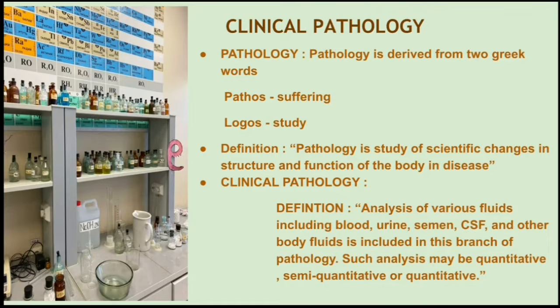Moving on to clinical pathology, the definition of clinical pathology is analysis of various fluids, including blood, urine, semen, CSF, and other body fluids, which is included in this branch of pathology. Such analysis may be quantitative, semi-quantitative, or qualitative.